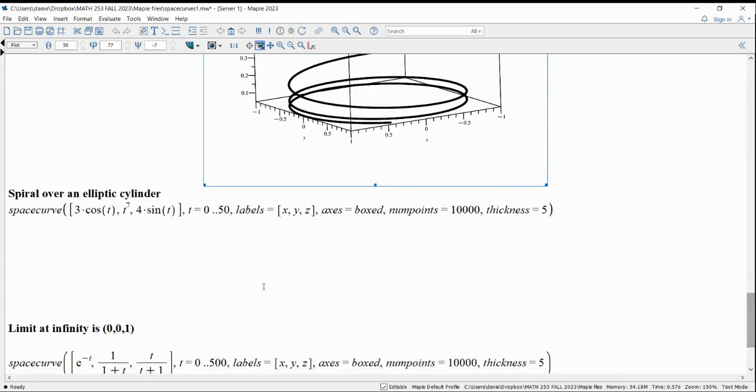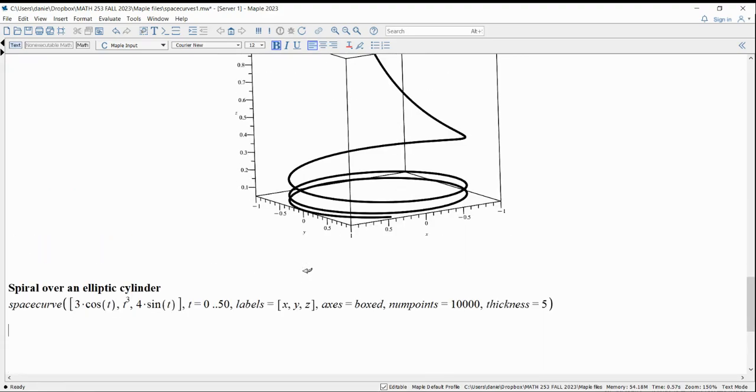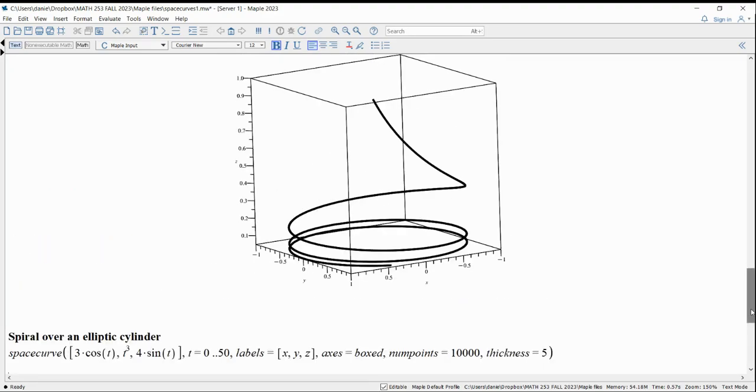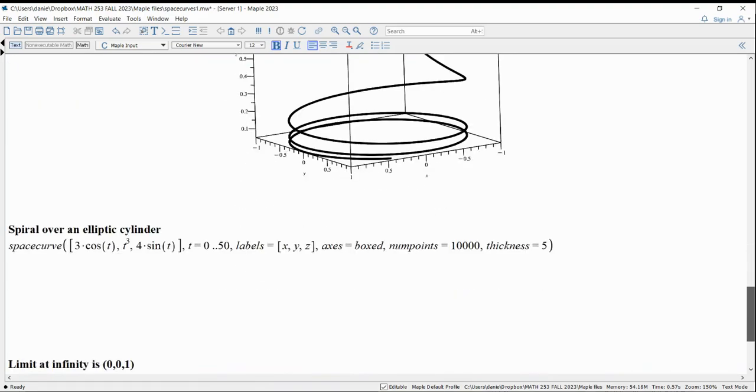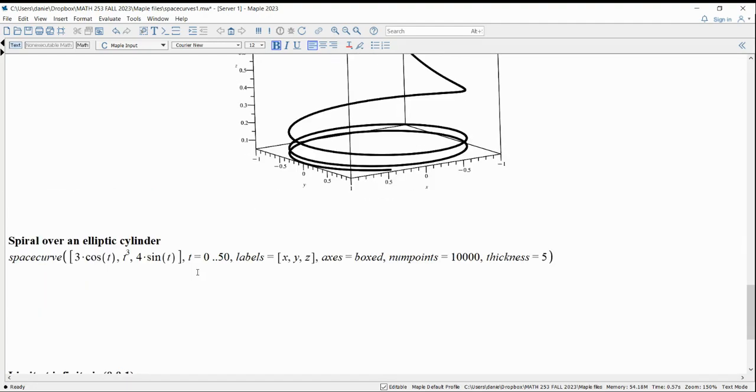Here's another example. Let me see if I can modify this a little bit because I don't know if you can see it clearly. This is a slight modification of the previous example. The only difference is that here the spiral is not going to be on a circular cylinder, but on an elliptic cylinder.